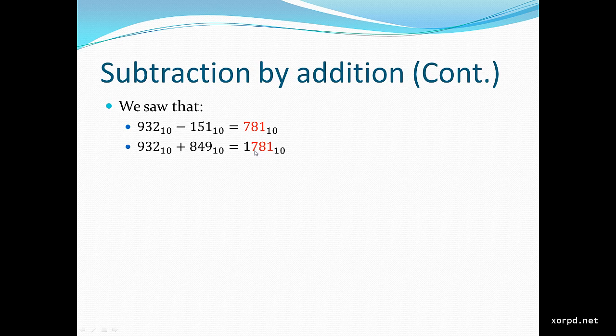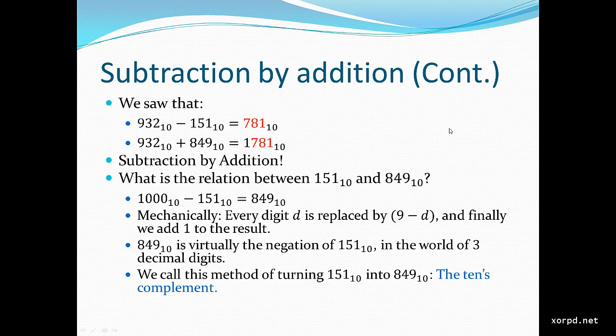We can see the similarity here, that the only difference is this one. And this is very interesting. This is an interesting phenomenon. We actually got subtraction by addition. Instead of trying to solve this, which is pretty hard, we changed it into trying to solve this addition problem. And the addition problem is easier. We just had this one digit in the end that we had to remember to remove.